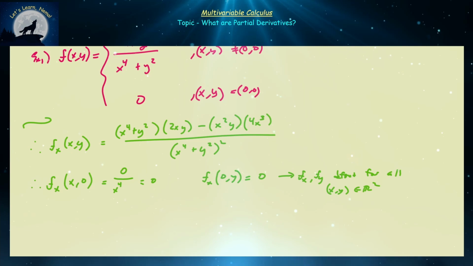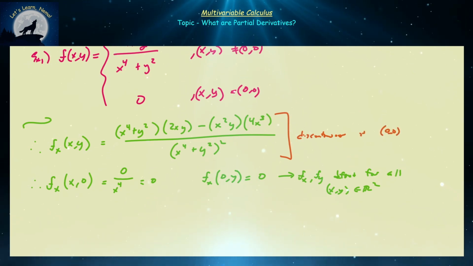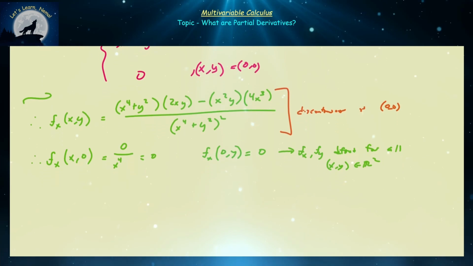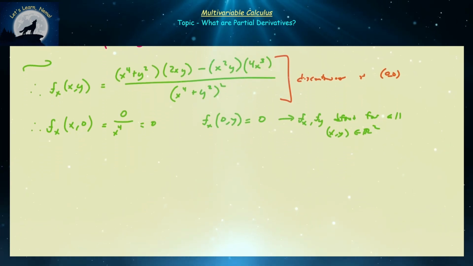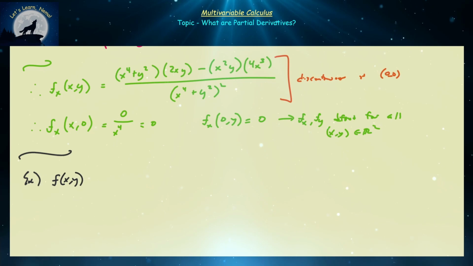But what's actually very strange is that this function is actually discontinuous at 0, 0. So we have a discontinuous function whose partial derivatives are continuous everywhere, which I actually find quite, I don't know, on the surface strange, because in the single variable world we actually don't have that phenomenon, but in the multivariable world we do.